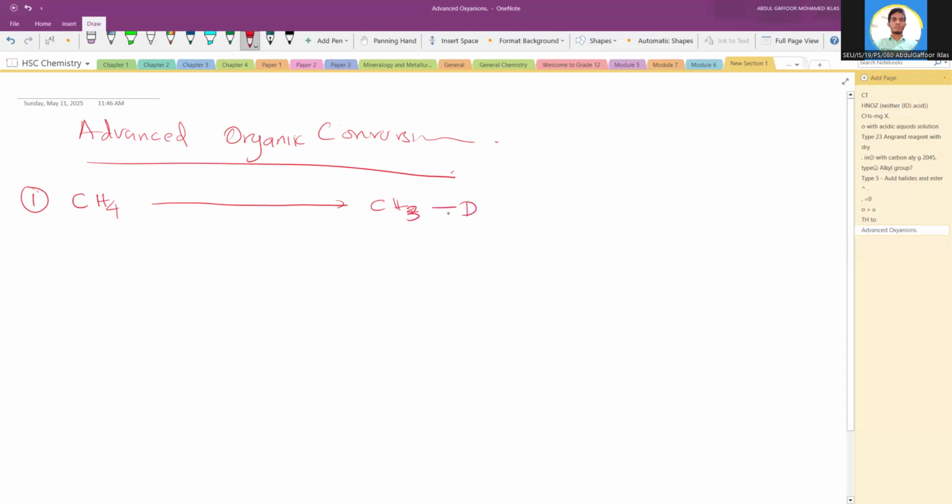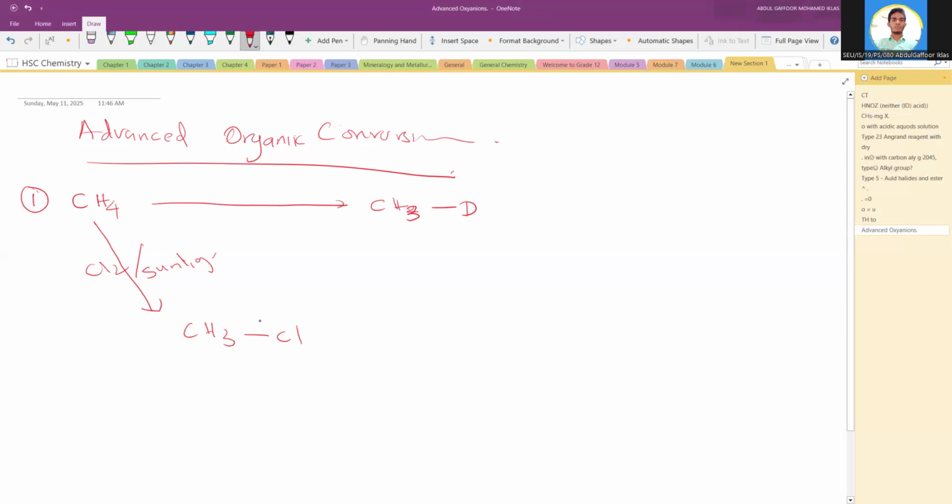How can you do this? If you see CH4, we have studied the preparation of Grignard reagent, right? So we simply put Cl2 and sunlight. So we will get CH3Cl.